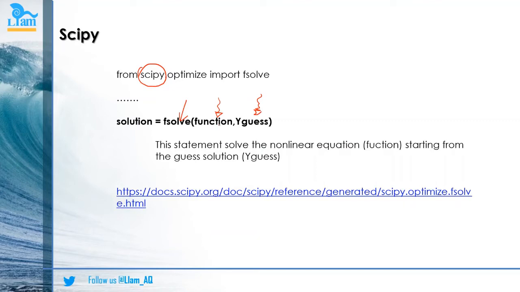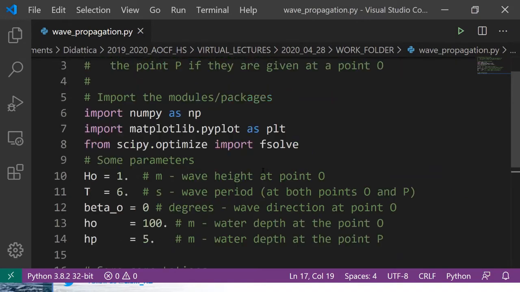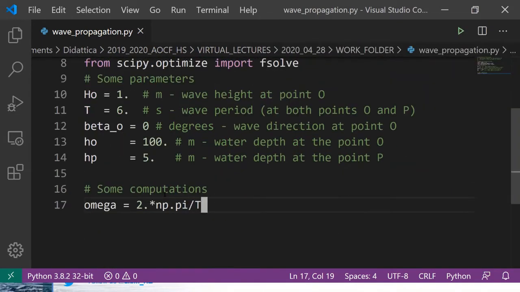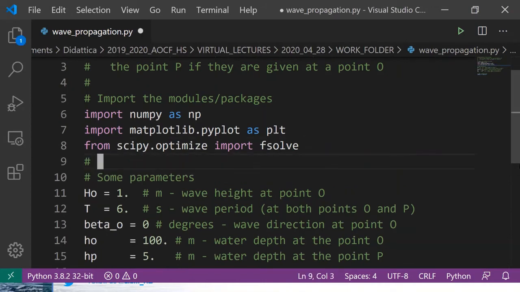So first of all, we need to define the function. So we can come back to our script, and we can define here the definition of the dispersion relationship.